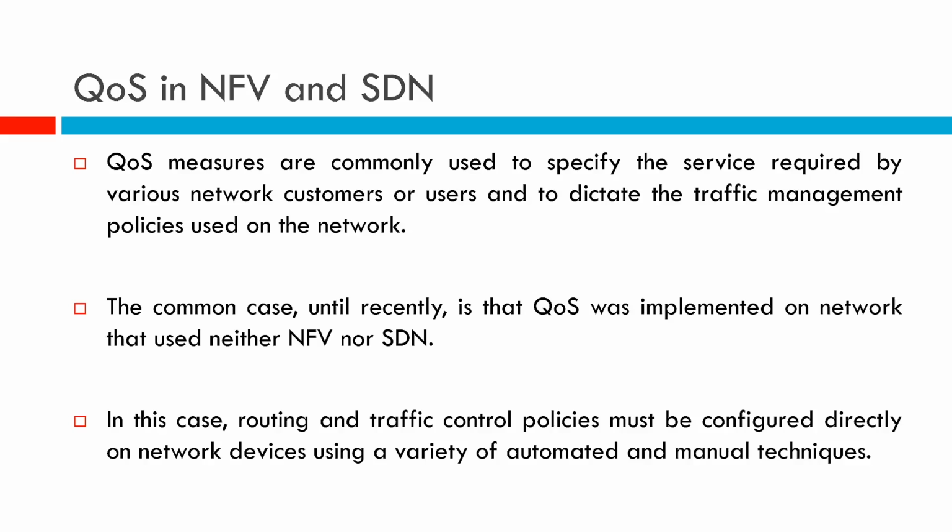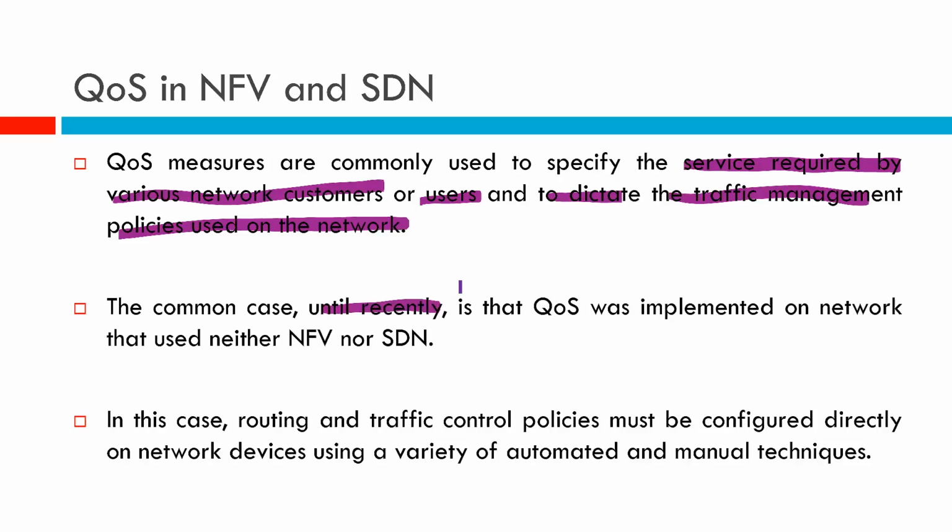Quality of service measures commonly specify the service required by various network customers and users, and dictate the traffic management policies based on the network. The common case until recently is that quality of service was implemented on networks that used neither NFV nor SDN.